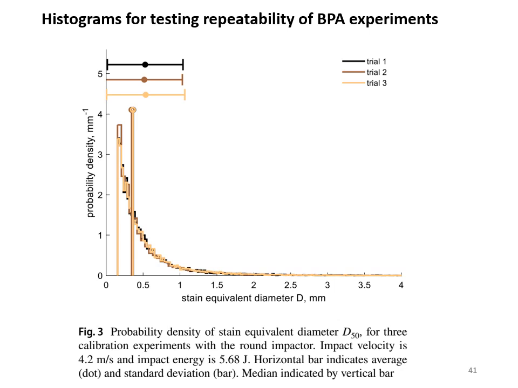But again, it's hard. If you have 40,000 stains, how do you compare two spatters? They look about the same, right? Well, just plot a histogram. That's what we did for an experiment where we did 3 impact spatter patterns. You can see here that the 3 curves are almost impossible to distinguish. They have the colors black, brown, and yellow.